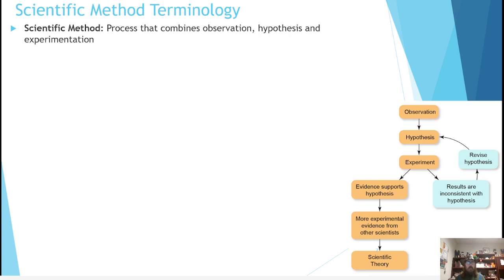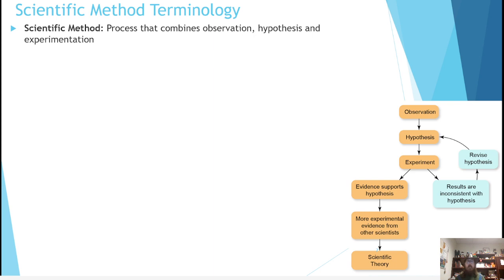One of the last slides we'll talk about is the scientific method. So, the scientific method is the basic scientific process that combines observation, hypothesis, and experimentation. This is how we approach nature. If we haven't used the scientific method, we're not doing a good job.